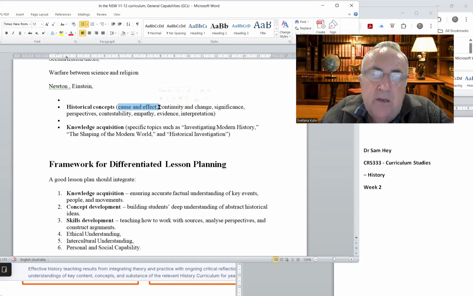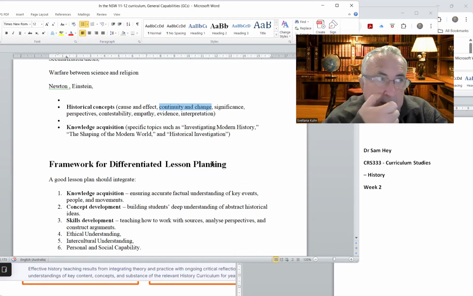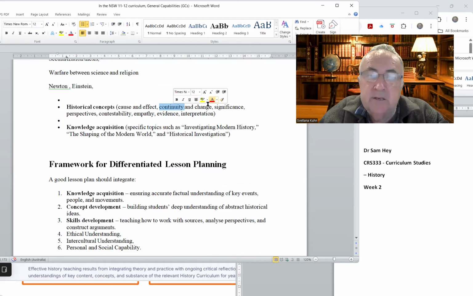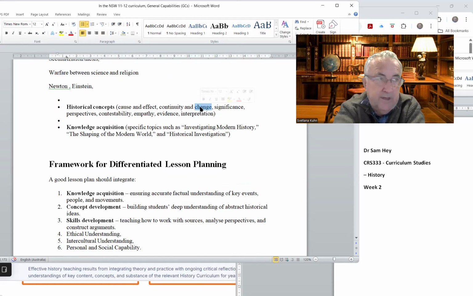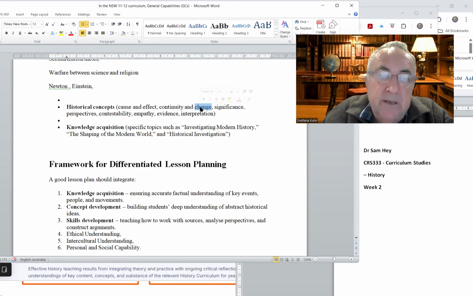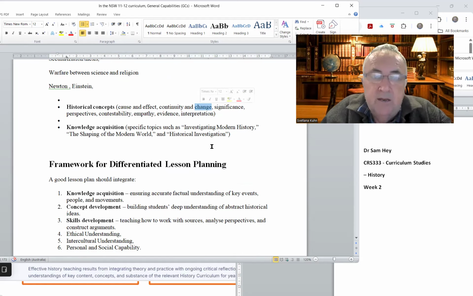There are also notions like continuity and change, and in some ways, events such as science or politics or economics have continuity with the past, but every 5, 10 years, there can be massive changes. In some of my scholarly writing, I've written about the changes of the last 50 to 100 years, particularly in relation to religion and science.